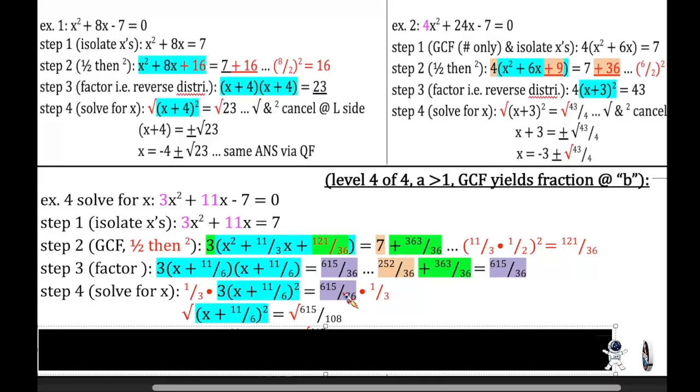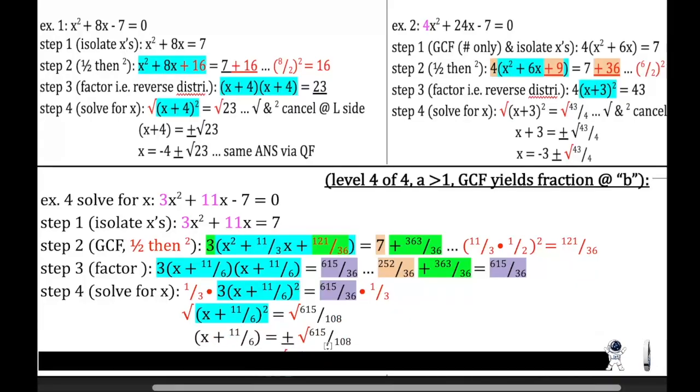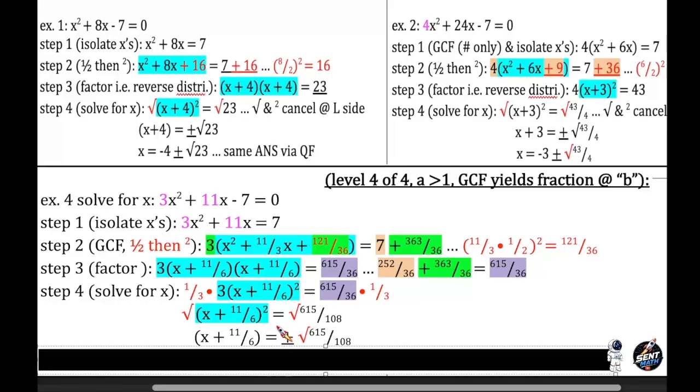Then I'm going to multiply these two. 615 times 1 is 615. 36 times 3 is 108. Let's see what we got down here. Now I'm going to square root both sides in red to get rid of this squared. The squares cancel, and the square root on this side produces a plus minus.